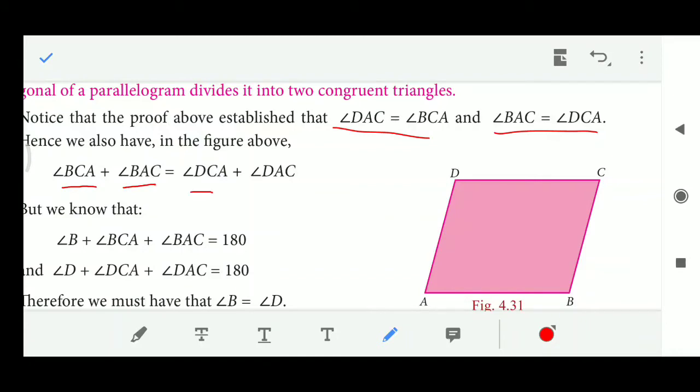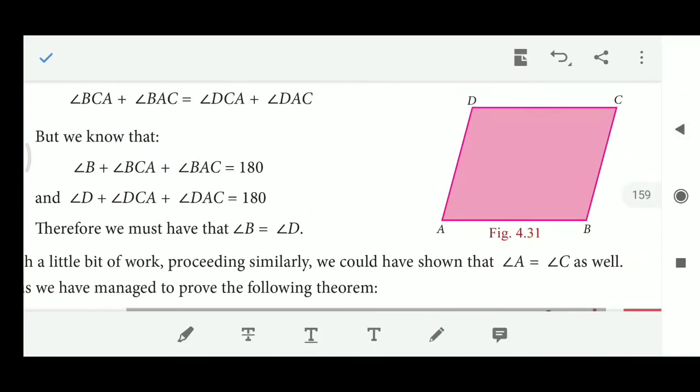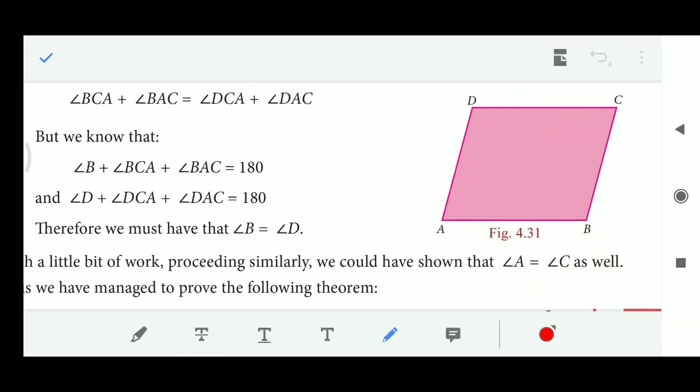Hence we see in the above figure, if you add on the left hand side BCA plus BAC, you will get DCA plus DAC, both are equal. So here angle B plus angle BCA plus angle BAC equal to 180 degrees. If you draw a diagonal AC, angle B, angle BCA, angle BAC equal to 180.